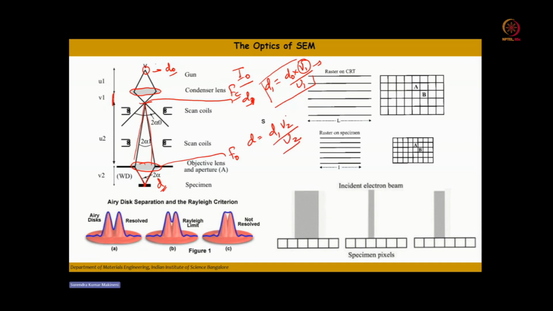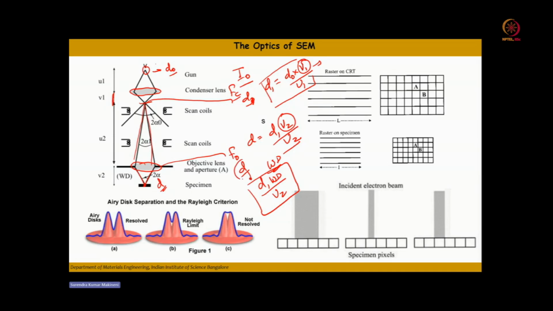Here the V2 is nothing but the working distance from the sample surface. So you can write D1 into working distance divided by U2. This is your final probe dia, which will scan across the sample surface.